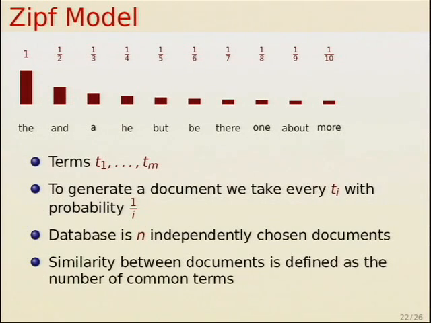And the similarity I define in a very, very simple way by the size of intersection. So given two texts, text means a bag of words, so I do not use any sequence, the order. I define the similarity simply by the number of common terms. So I do not introduce any penalty for frequent words.